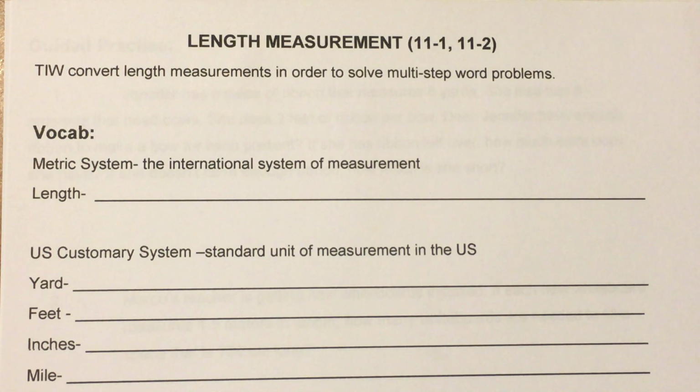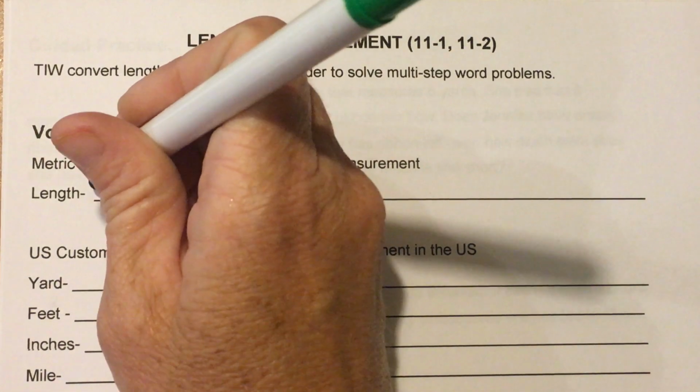Okay, our first vocab word is the metric system. As you learned in the last video, the metric system is the international or worldwide system of measurement. Now specifically for length, what the metric system involves is meters.